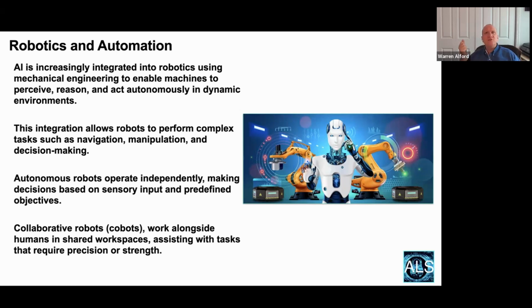Autonomous robots is something that we're seeing more and more of. Robotics has been around for a long time, but the ability for it to actually use AI in doing more than just menial tasks is something that is evolving as well.